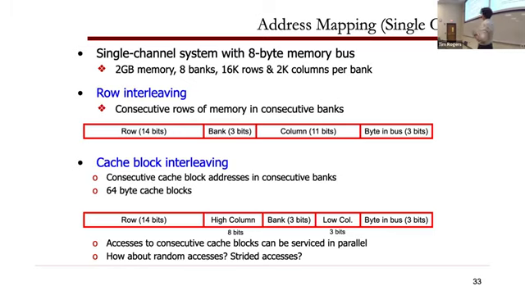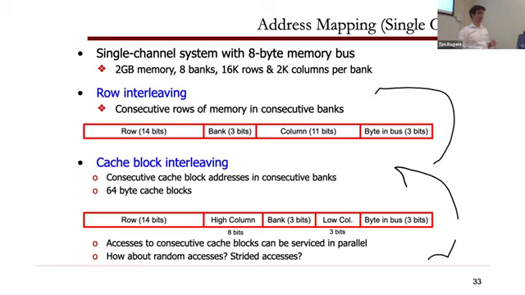Because I'm changing the column first, right, in both cases. So that means that I'm moving across the row for each cache block. Okay. So this one sort of maybe makes more sense to think about. This one is better for concurrency, especially if you've got something like a stride prefetcher that's asking for sequential cache blocks.